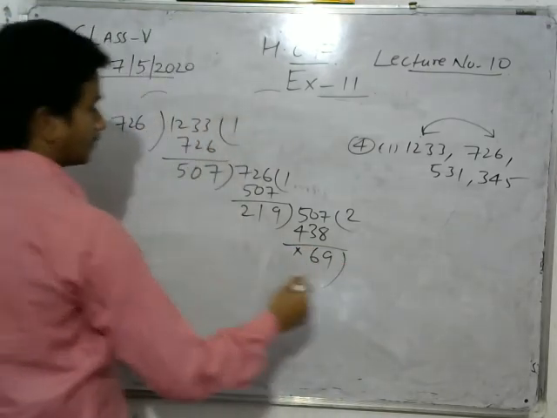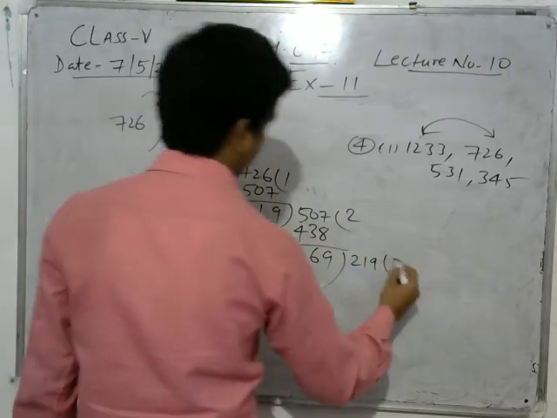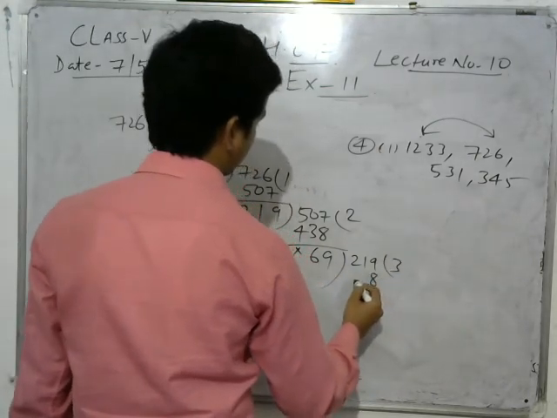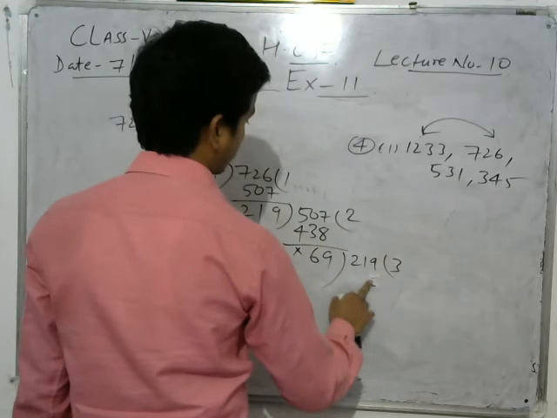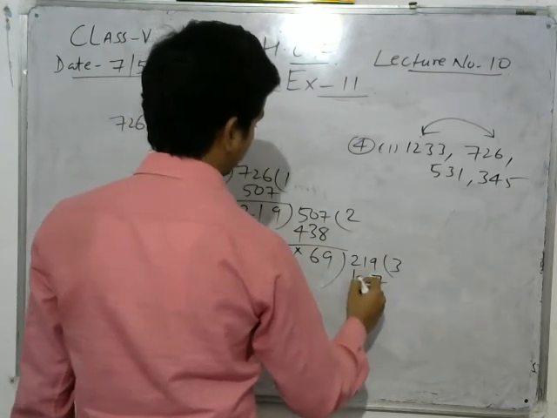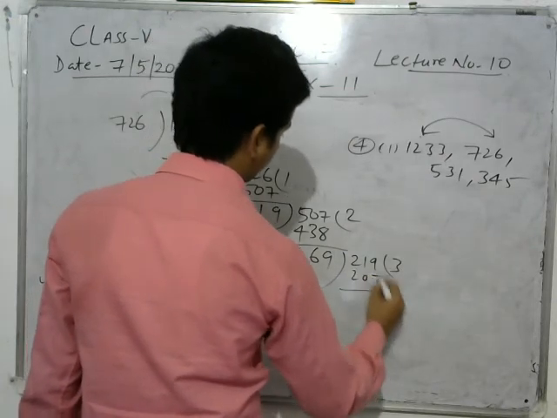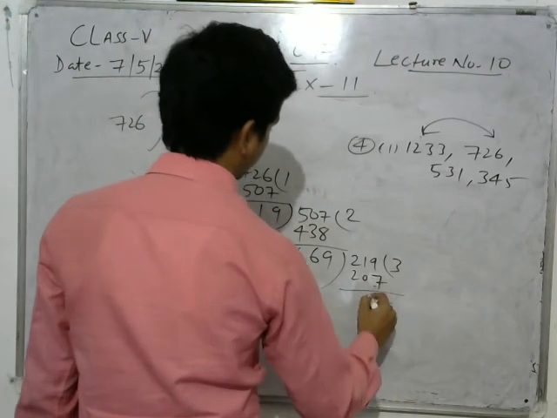Again divide 69 with the previous divisor. 3 times 3 is 9, 18, 3 9 is 27, 3 6 is 18, 19, 20. So you will get 2 and 1.